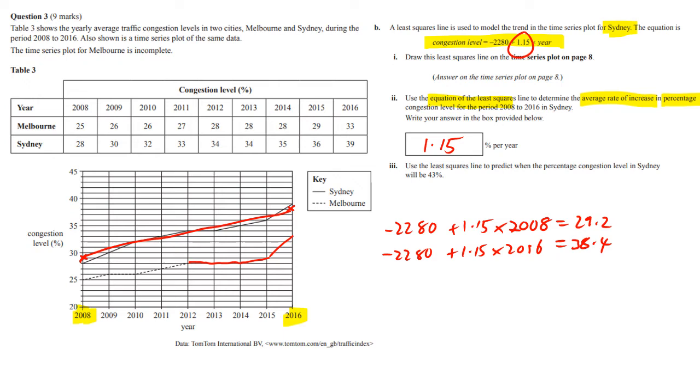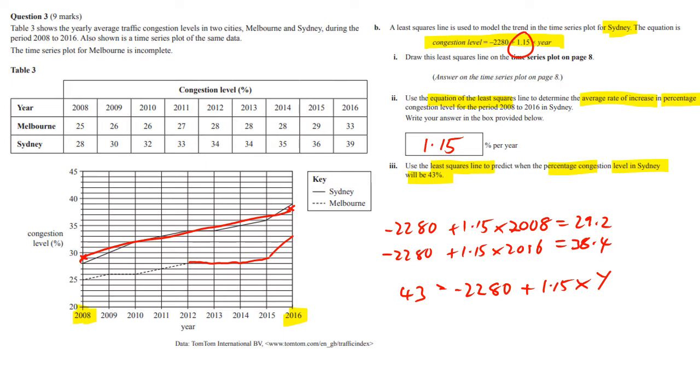Okay. Next one says, use the least squares line to predict the percentage congestion when the level in Sydney is 43%. So, congestion level is 43. So, what we have to do here is we say 43 equals minus 2280 plus 1.15 times year.